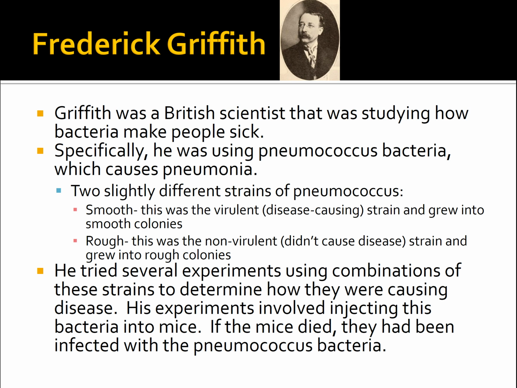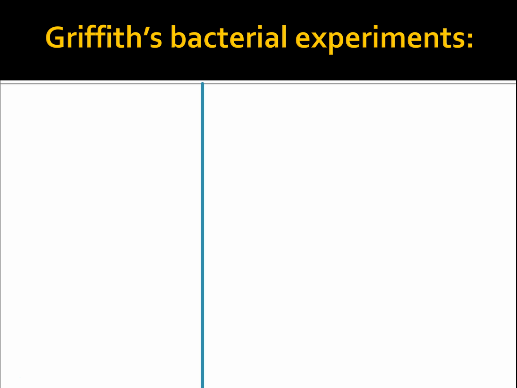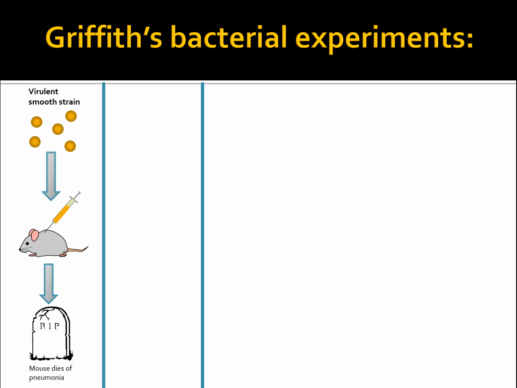He tried several experiments using combinations of these strains to determine how they were causing disease. He was trying to figure out how the bacterial disease was spread. His experiments involved injecting this bacteria into mice, and if the mice died, they had been infected with the pneumococcus bacteria. So he ran a couple of experiments. The first one is pretty obvious.